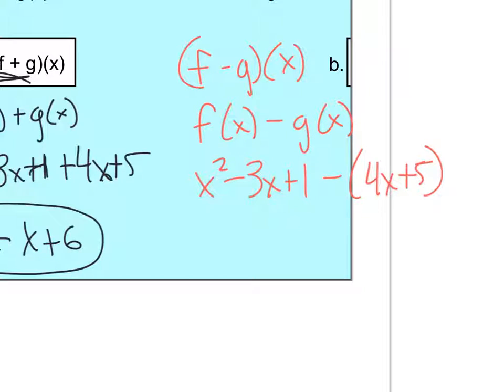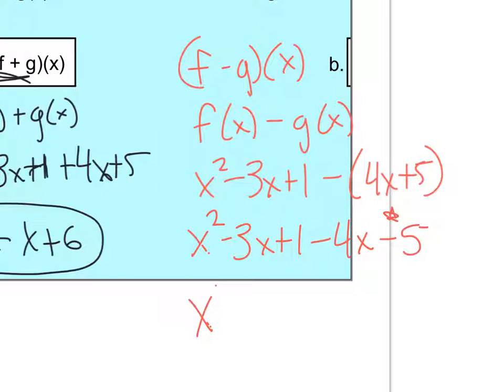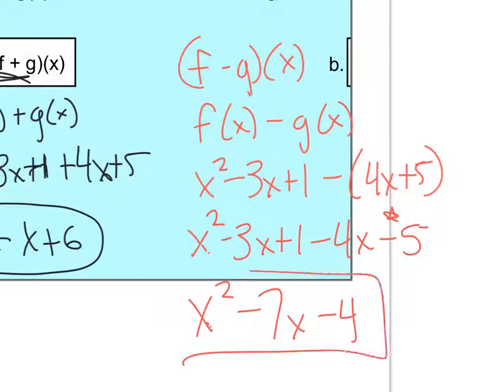Make sure you put it in parentheses so you're keeping your right signs. So it's going to be x squared minus 3x plus 1 minus 4x minus 5. Be aware of this little sign here. Make sure you're changing that up. So it becomes x squared minus 7x minus 4. That's what my answer looks like.